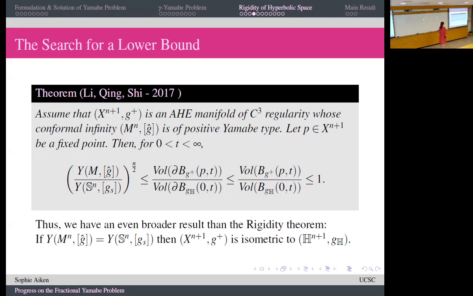And this result actually answers a question even broader than the rigidity theorem, which says that if I only know that my Yamabe constants are equal, not that the boundaries themselves are conformally equivalent, just that the constants are equal, then I get an isometry between the interiors.